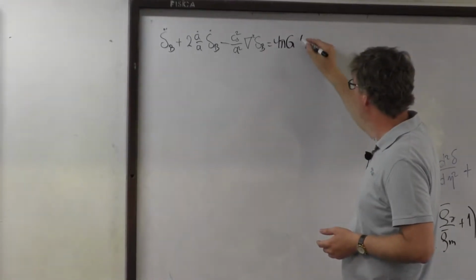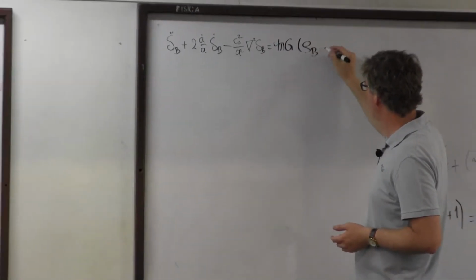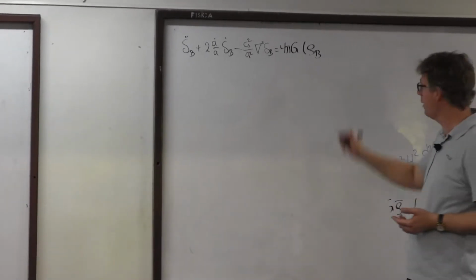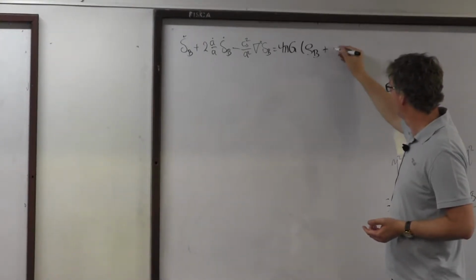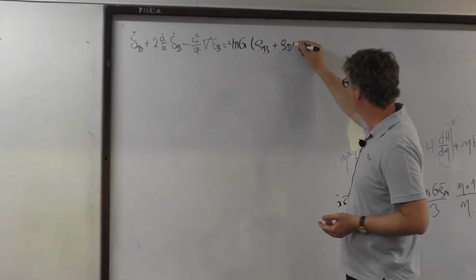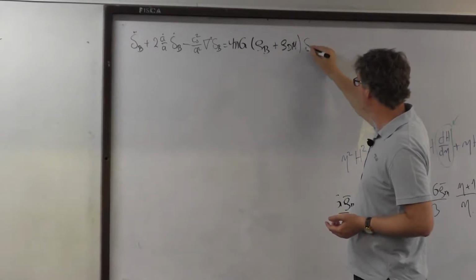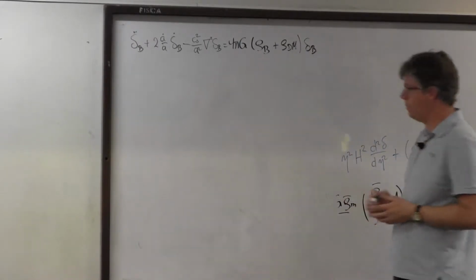Equal to 4πG(ρ_B plus ρ_dark matter) times the perturbation in the baryons.